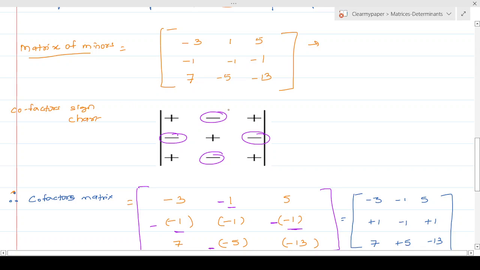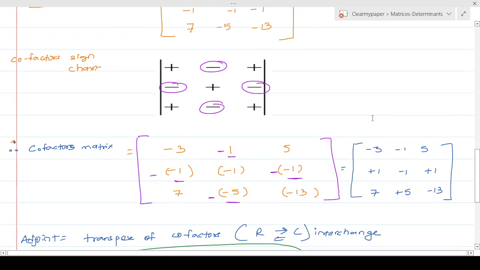But whatever is on the non-diagonal, which is what I have highlighted in purple color, the 4 elements, that I need to negate. I need to do the opposite of what's going on, okay? So let's do that over here. If you see here, I am writing the matrix again, and whatever is in purple color, these 4 elements, this one, this one, this one, and this one, I've underlined here, okay?